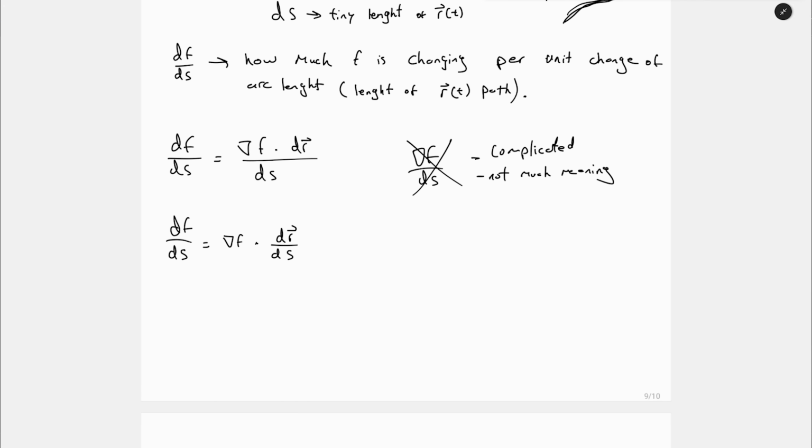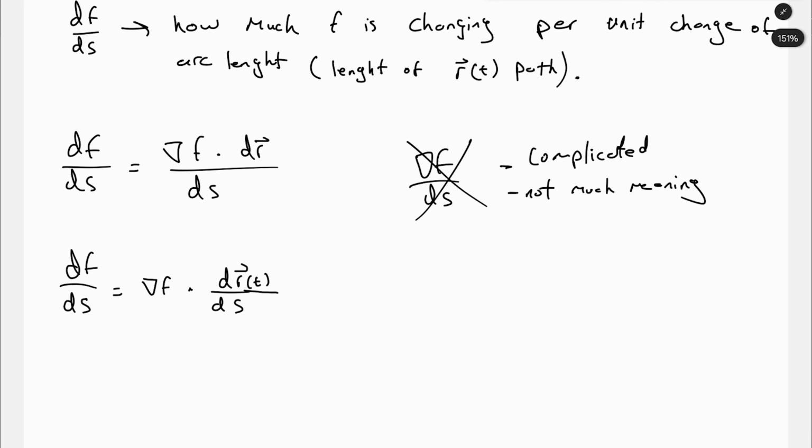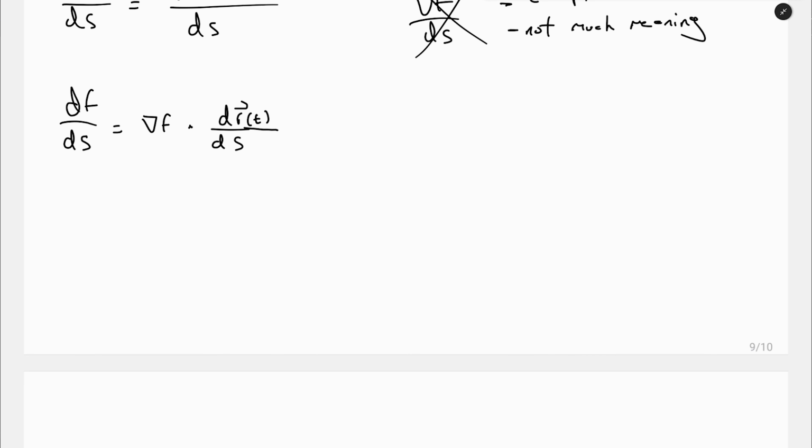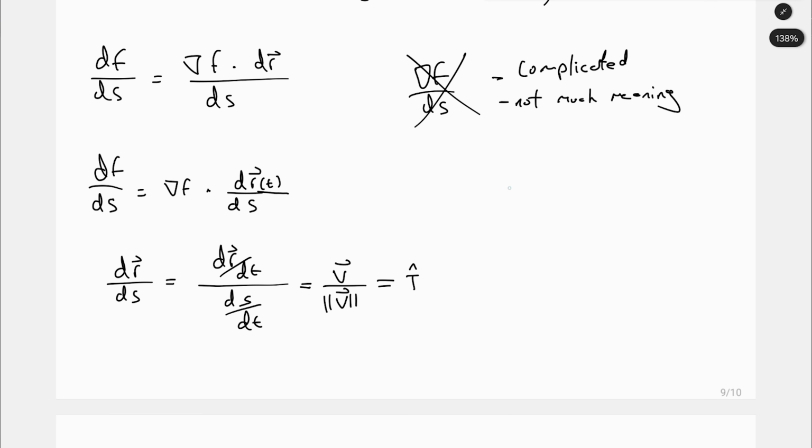So you might ask, what is dr ds? This is not written all the way, but this r is actually a vector function, another different type of function that I talked about in the previous video. We might get technical and say this dr ds is actually dr divided by dt by the chain rule, and ds divided by dt, which is velocity divided by velocity's magnitude, speed, which equals a unit vector, tangential unit vector to the path r(t).